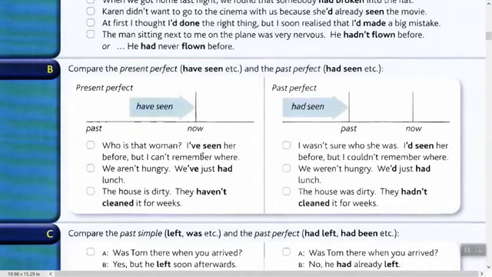I've seen her before, but I can't remember when. In the two actions, now you are talking about this woman, and you're talking about the past. I have seen her somewhere. I don't know where, for example. But for example, I wasn't sure who she was. I'd seen her in the past. I'd seen her before, but I couldn't. You see, still in the past.